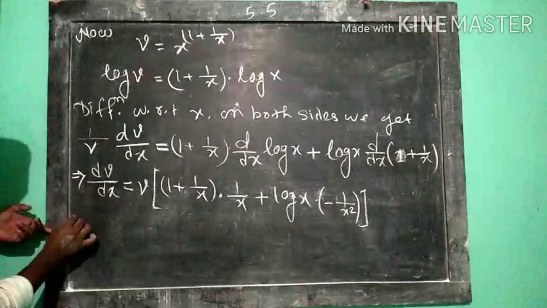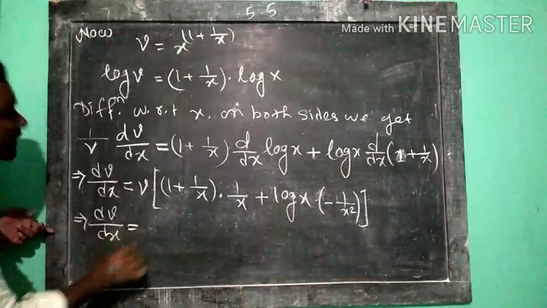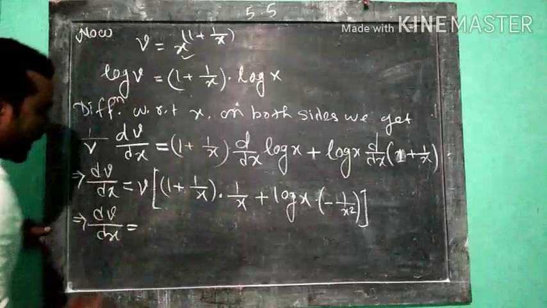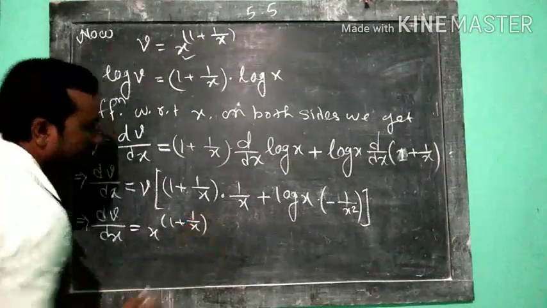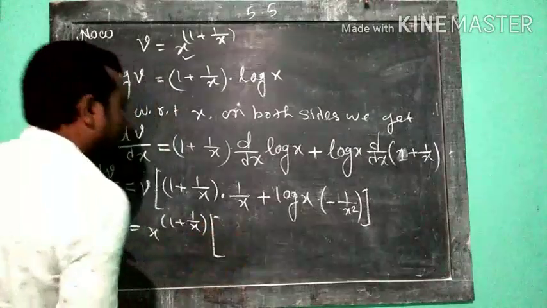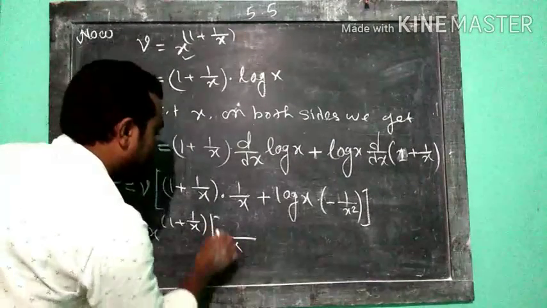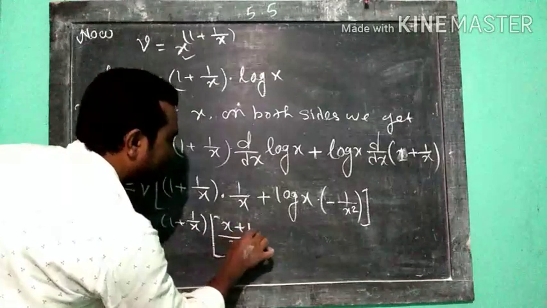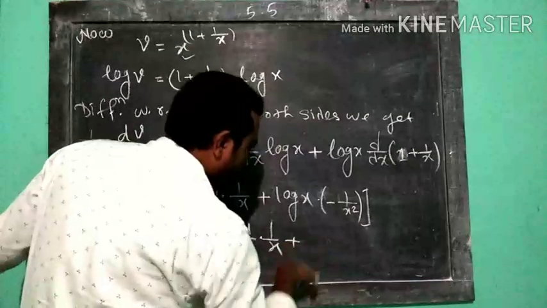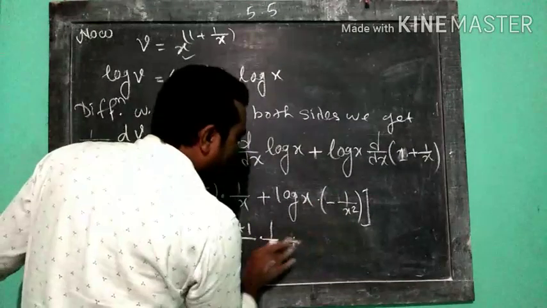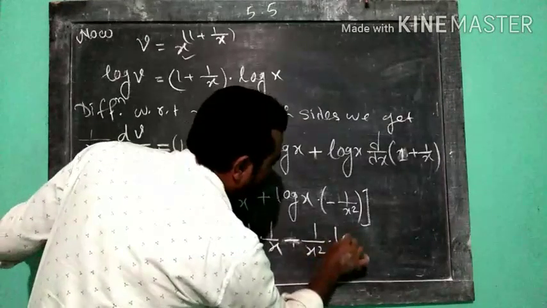This implies dv dx equals v, and v is x whole to the power 1 plus 1 by x, whole into, if we take the LCM, then this is x plus 1 into 1 by x plus minus 1 by x square into log of x.